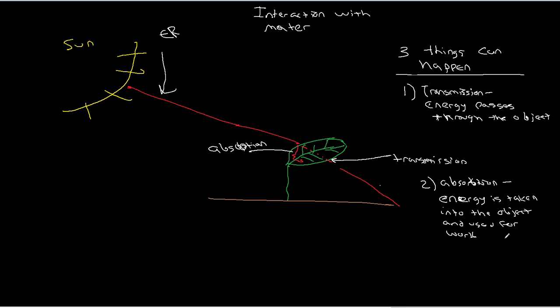I'm leaving work intentionally vague here because it's kind of outside of the scope of this class, but some good examples of absorption. One, think about photosynthesis. Hopefully we've all learned about photosynthesis, the idea that plants take in sunlight and carbon dioxide and convert it to water and air. The light energy that is being absorbed is actually being used to catalyze photosynthesis.